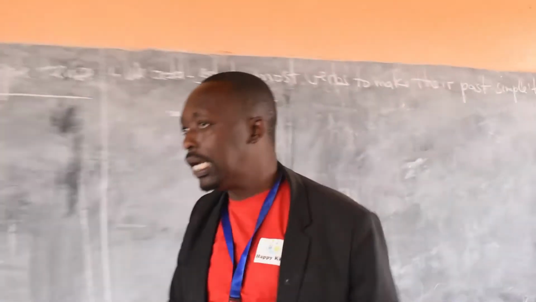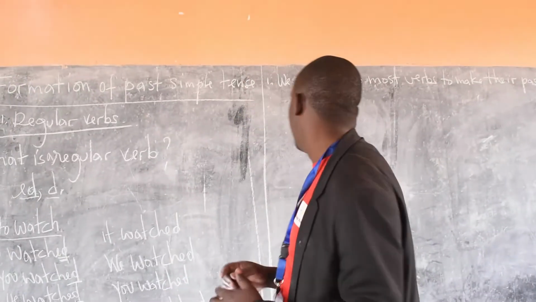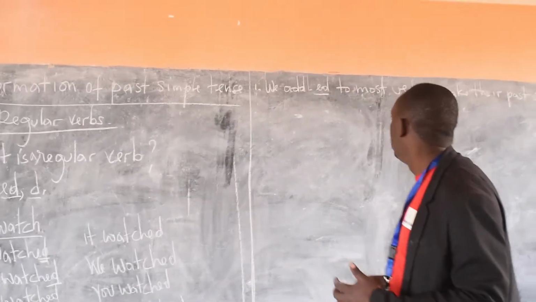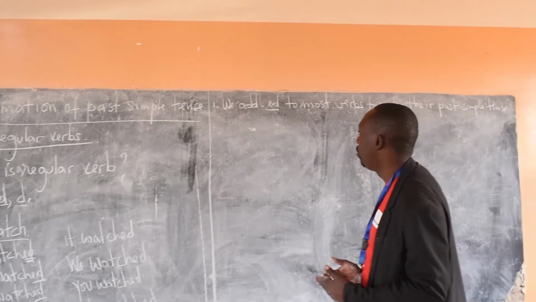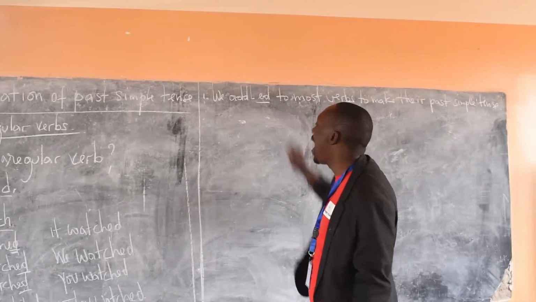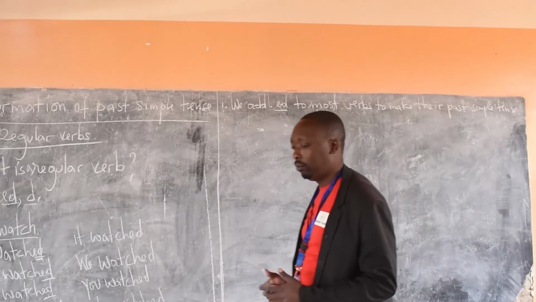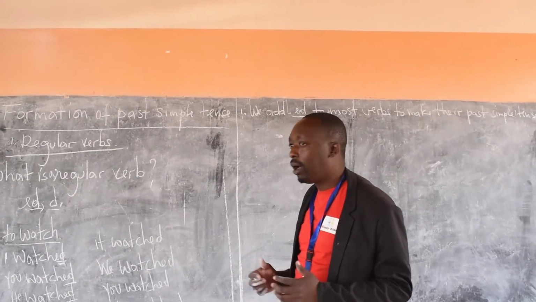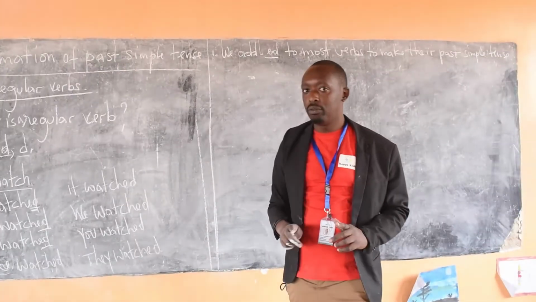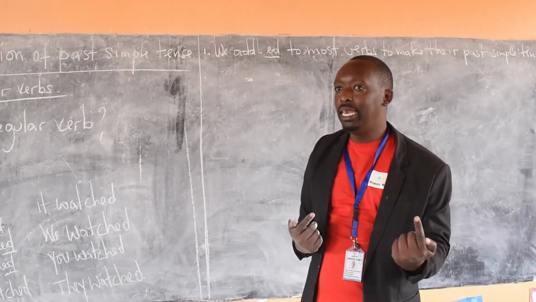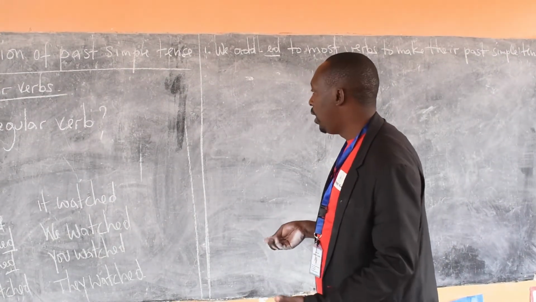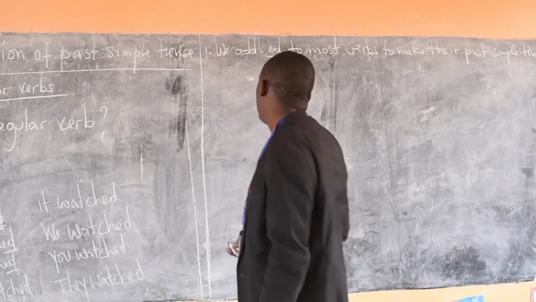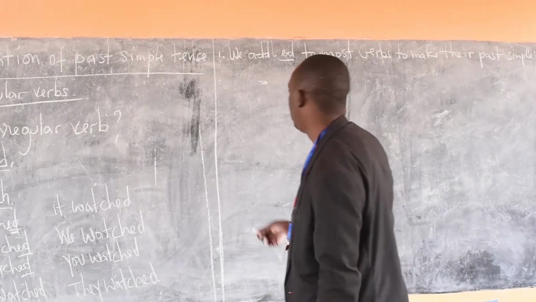When we want to make the past simple of regular verbs, we have to add ed. Remember, regular verbs are verbs which take ed or d in the past.